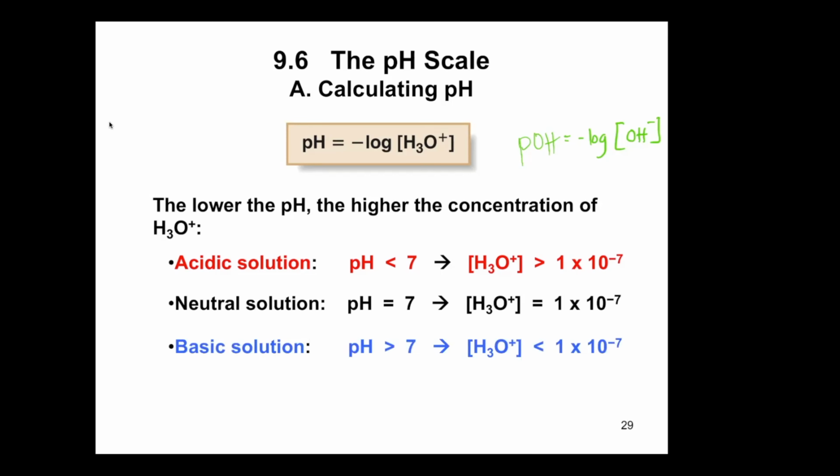And the basic solution has a pH greater than 7, wherein the hydronium ion concentration is less than 1 times 10 raised to negative 7. So always remember these values and don't be confused about the pH number. A lower pH number is acidic, and a higher pH number is a basic solution. When it is equal to 7, the solution is neutral. Okay?